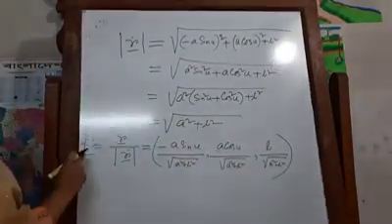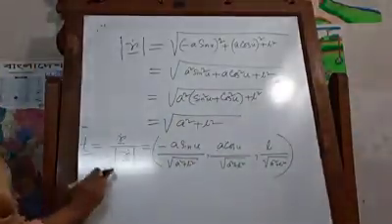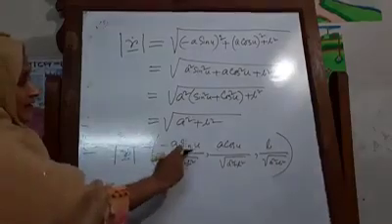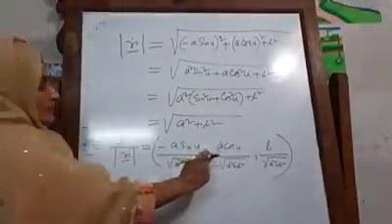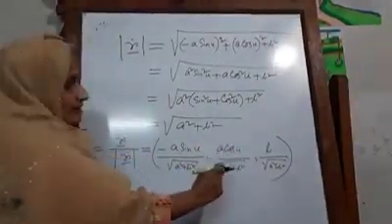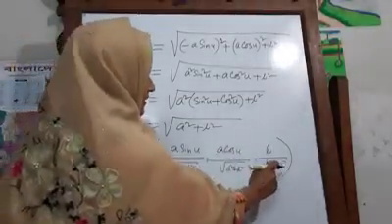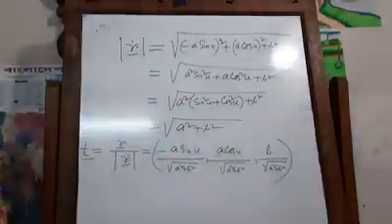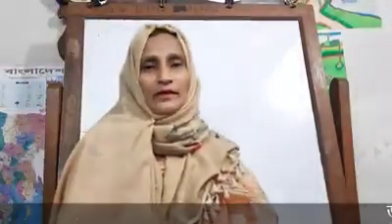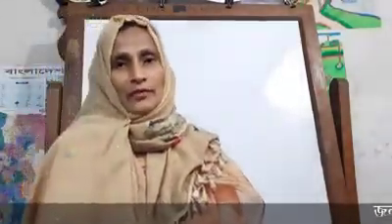Finally, we find T, the unit tangent vector. This value is minus a sin u divided by root of a square plus b square, a cos u divided by root of a square plus b square, and b divided by root of a square plus b square.